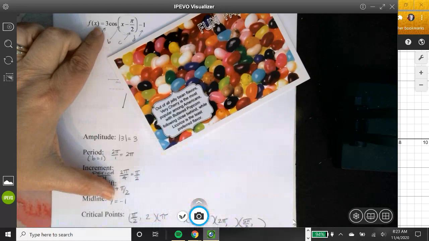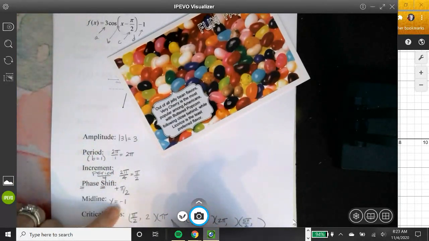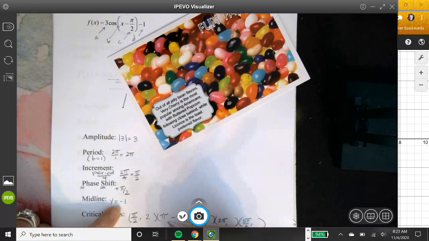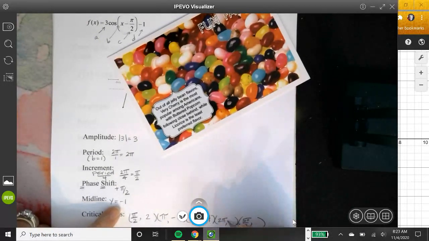So I'm going to start at 2. And then I'm going to go back to the midline. I go from my high point to my low point. So this is going to be -1. And then I'm going to go down in amplitude. So this will be -4. And then back to the midline and then up to my high point again. And let's see if that's what the curve says.